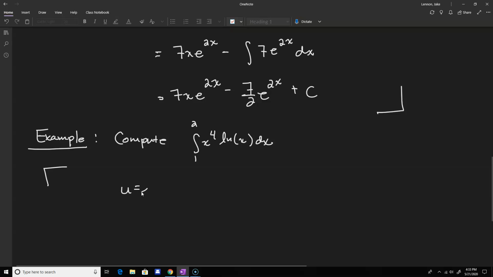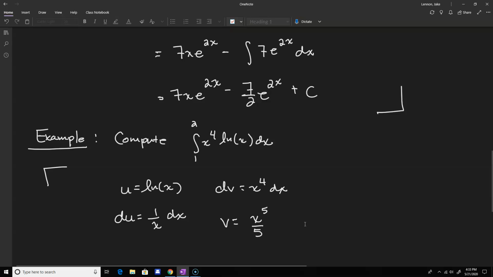We have u is equal to the natural log of x, and we have dv is x to the 4th dx. So du will equal 1 over x dx, and v will be x to the 5th over 5.